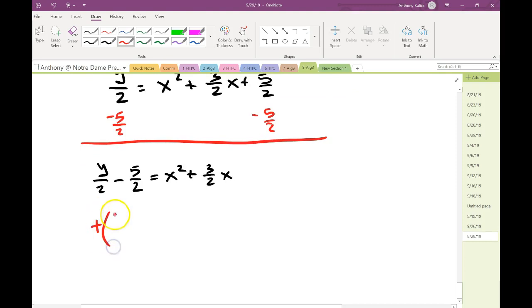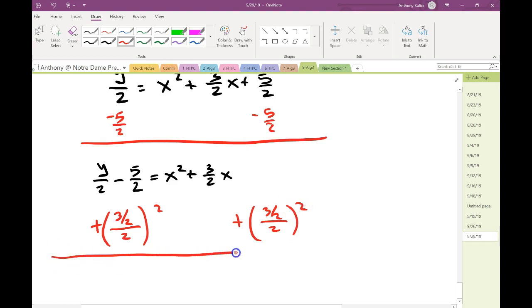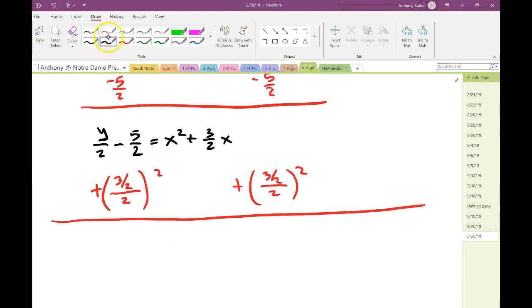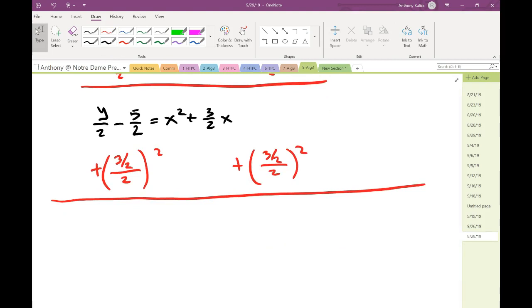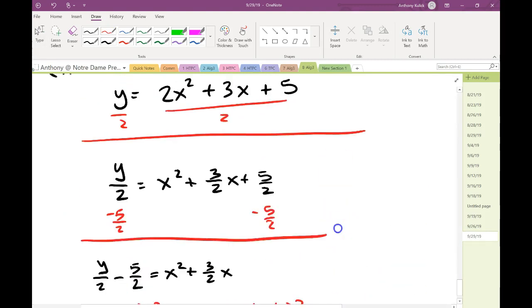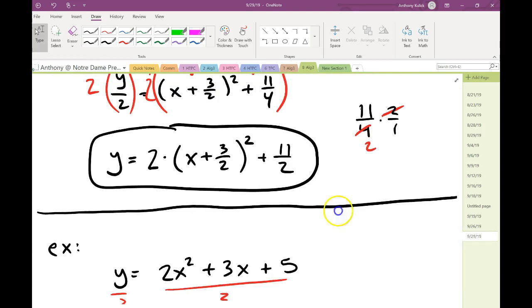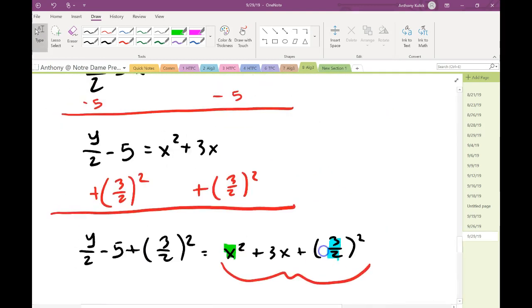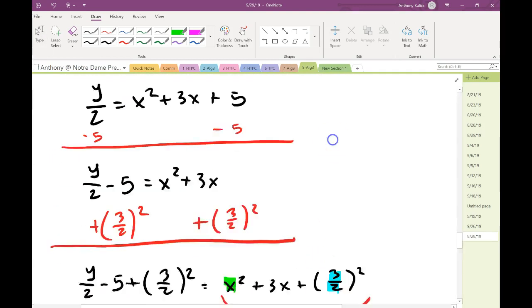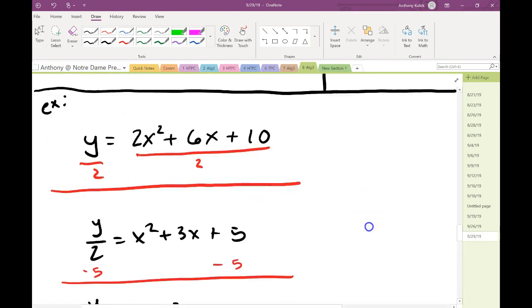So I'm going to write this in kind of a funny way. My b is 3 over 2. So I'm going to write this as 3 over 2 squared. I'm sorry, I just want to check something real quick before we get going too far.